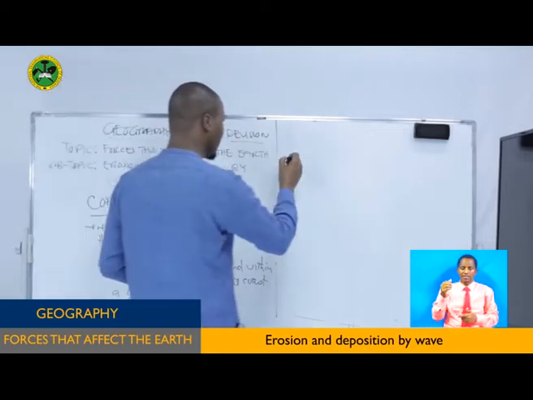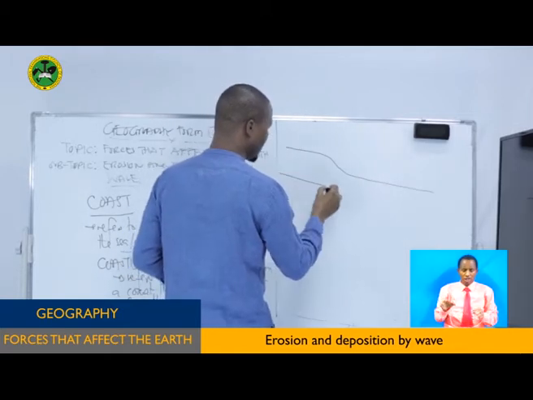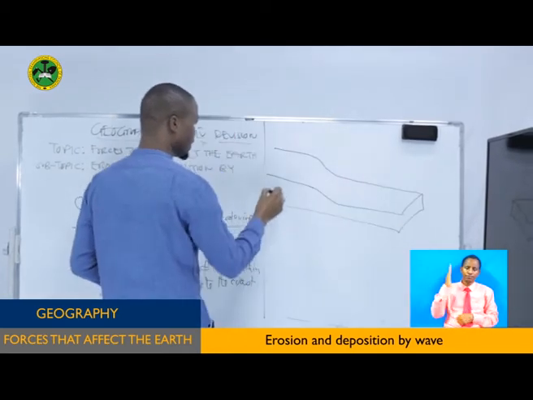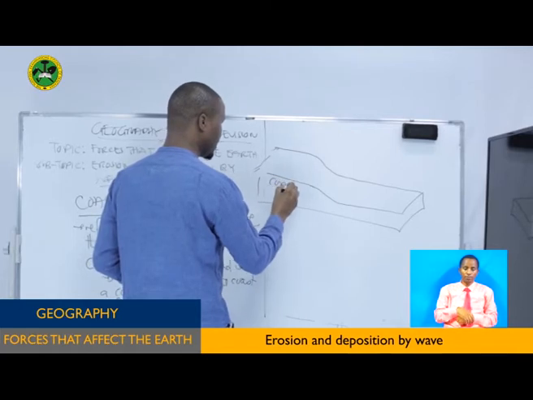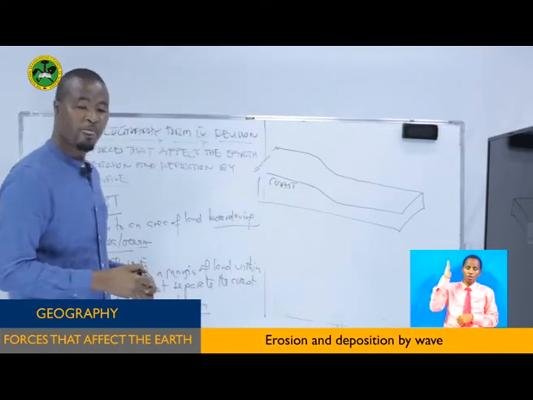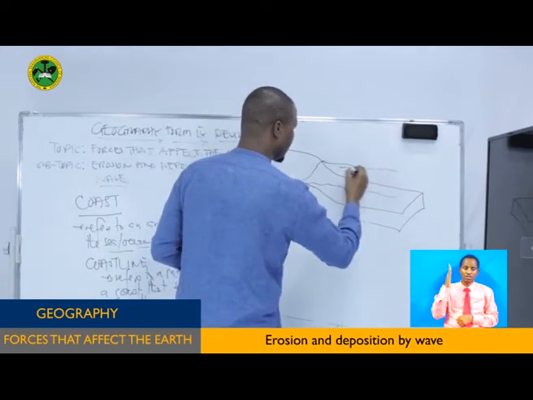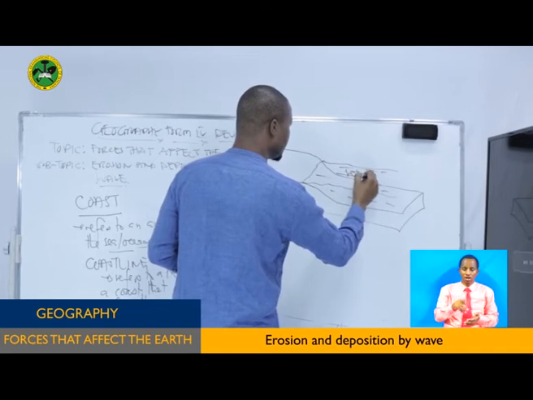Let me explain right here by drawing. Look here. So this point of land here is what is called a coast. So we refer to the margin of land, as you can see. Let's assume this is a sea.